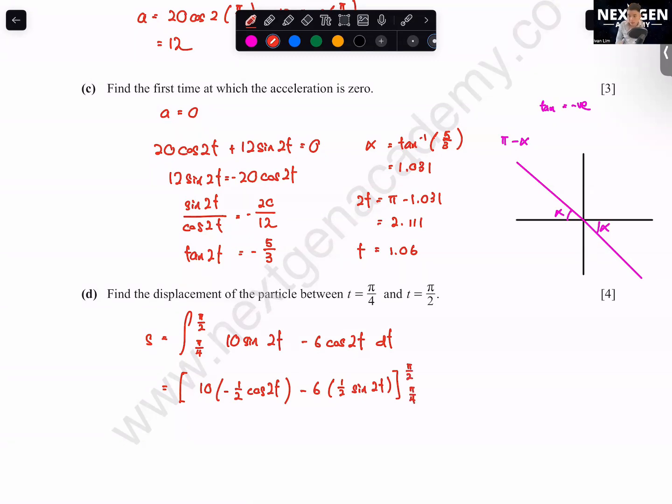Shinian asked, do we need to check where the particle changes direction? Very good question. Need to check or not? What do you all think, yes or no? And why not, if you all say no?